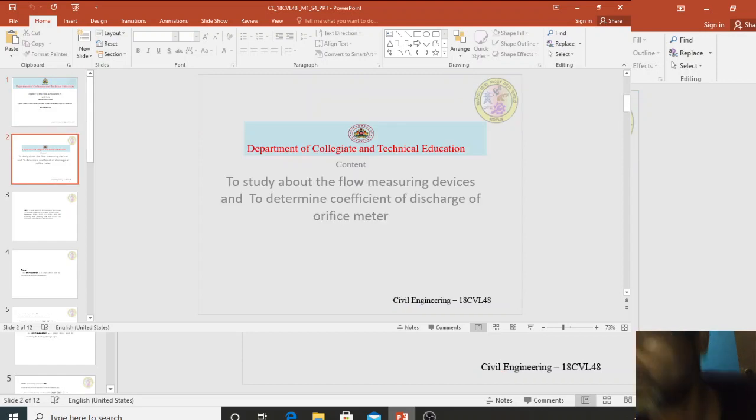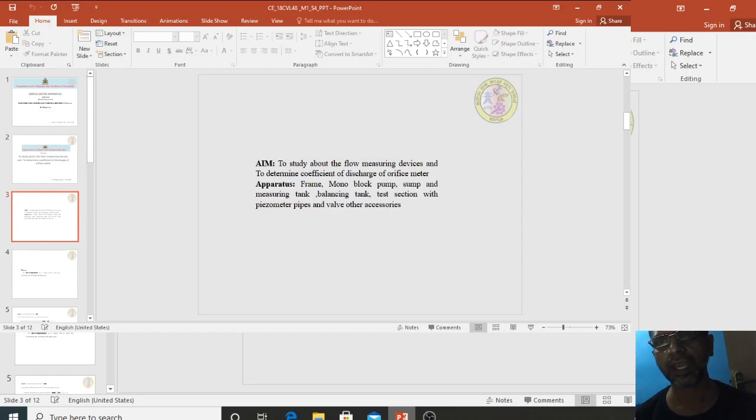To study the above flow measuring devices and to determine the coefficient of discharge of the orifice meter, the aim of today's experiment is to study the flow measuring devices and to determine the coefficient of discharge of the orifice meter.